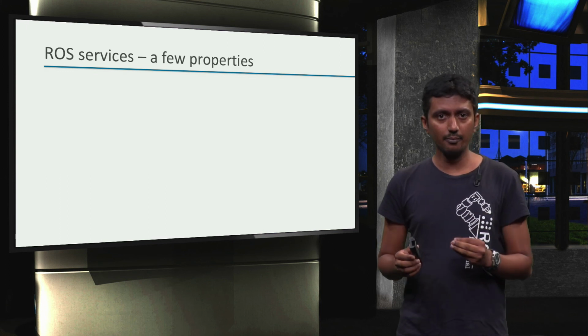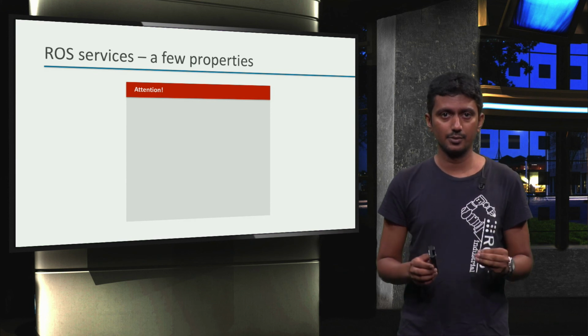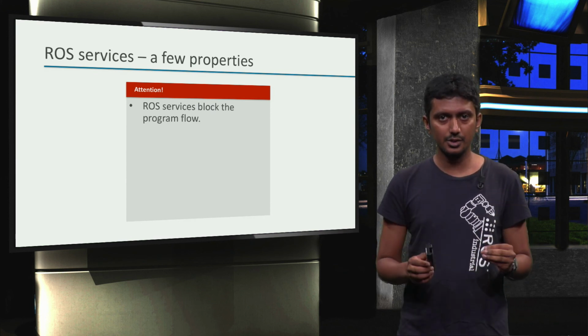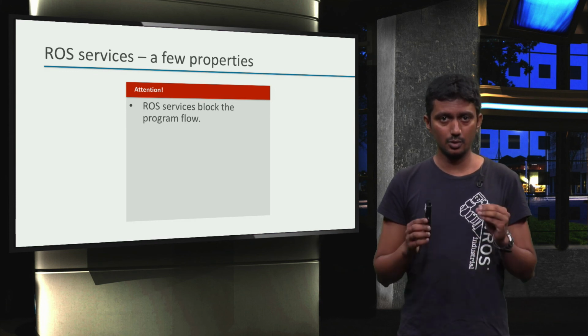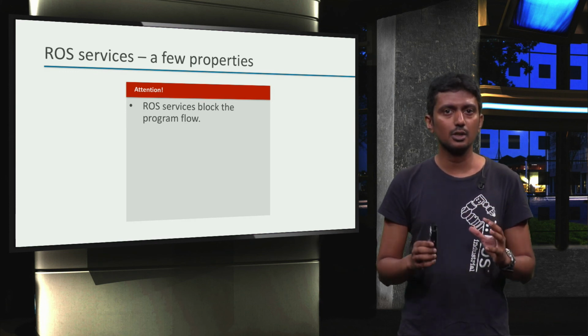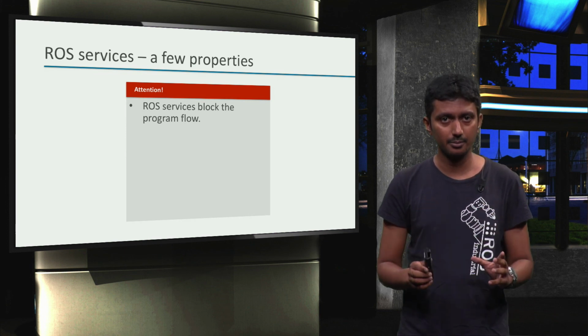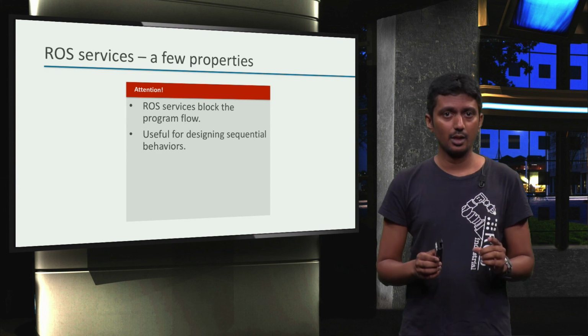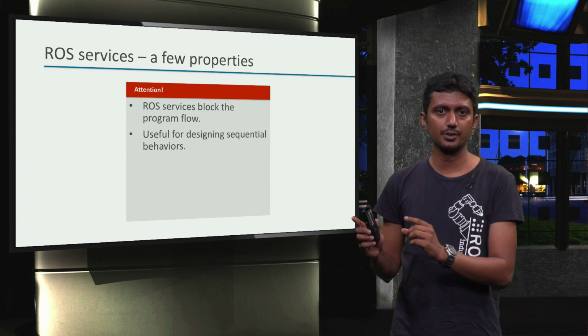Before we start coding, a few points to be aware of regarding ROS services. ROS services block the program flow, meaning the program will not continue further until the call for a given ROS service has been completed. Therefore, ROS services are useful for designing sequential behaviors.